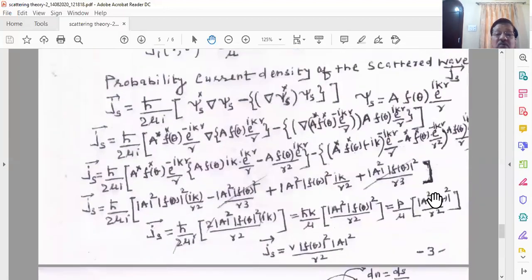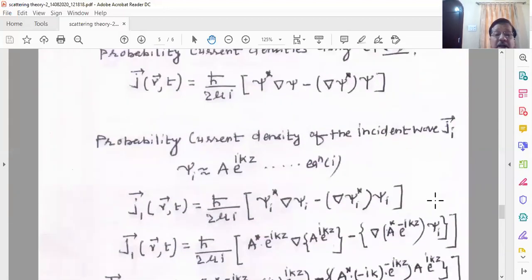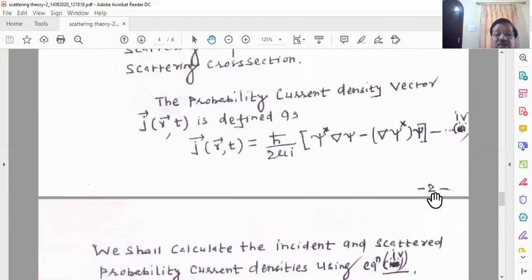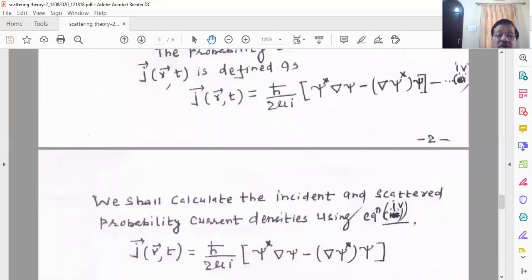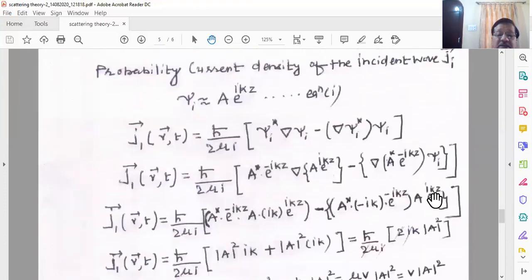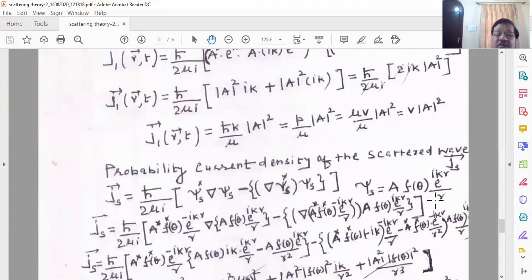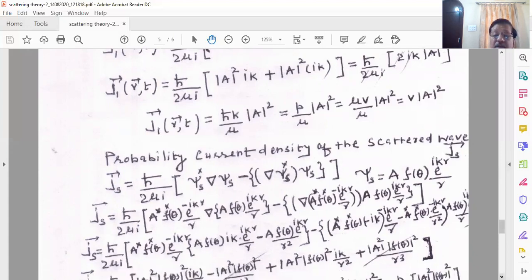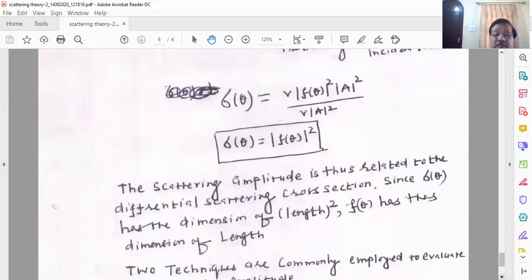That we have also calculated. The probability current density of the incident wave, which we have calculated here, is v times mod A squared. So that value we keep in the denominator.